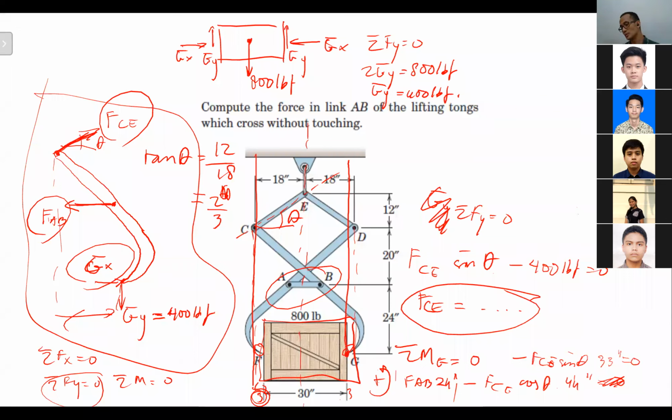So it's supposed to be 36 minus 3, so it's 33. Because FCE is found from the previous calculation, then you will be able to find FAB. That's the way to calculate. Okay, thank you, Michelle.